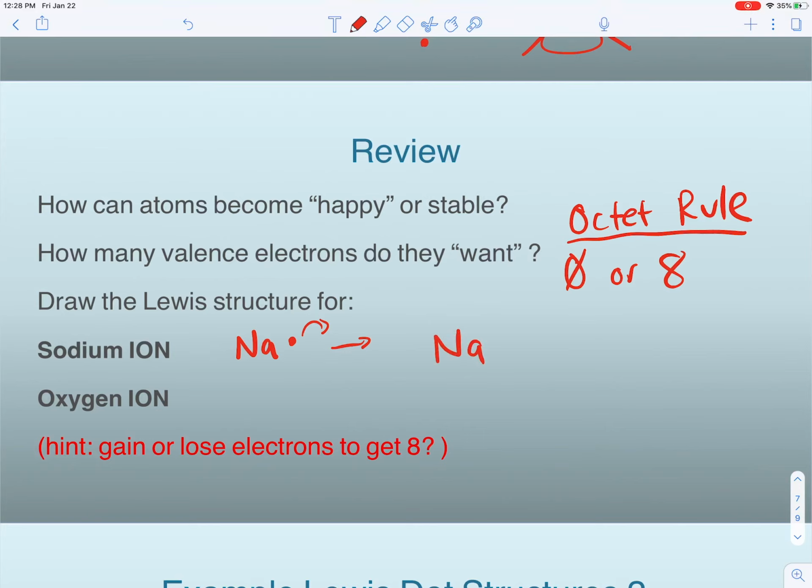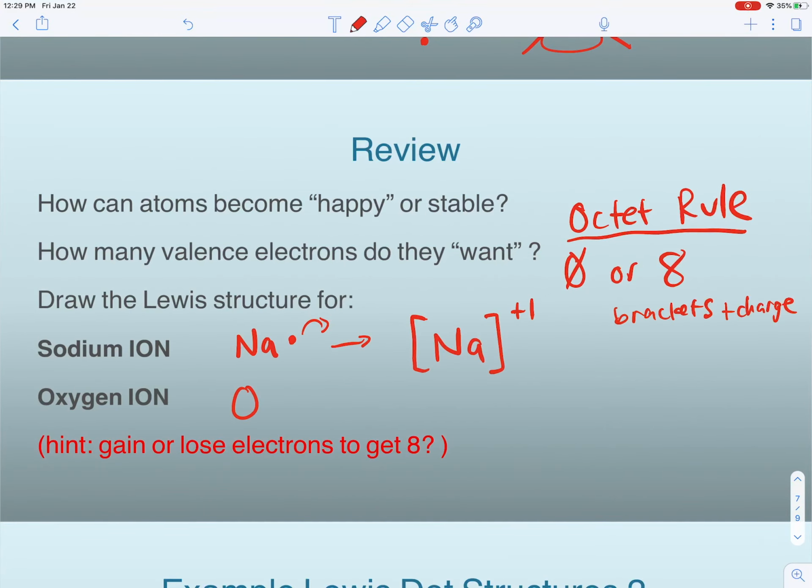It's going to lose all of its electrons and have no valence electrons. When it does that, it's going to form a +1 charge. To indicate an ion, we want to make sure we include brackets and the charge. So that's a positive ion. When we get positive ions, notice there are no valence electrons, no dots around the sodium.